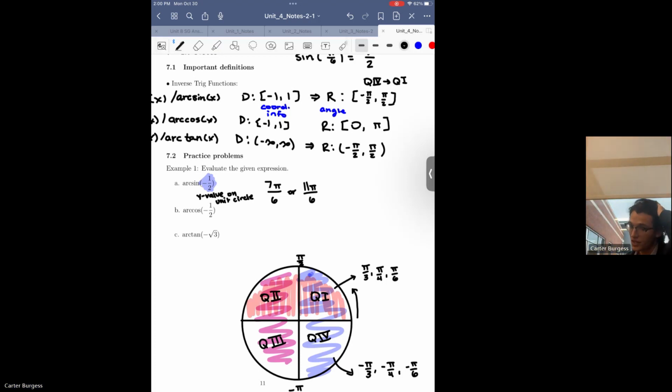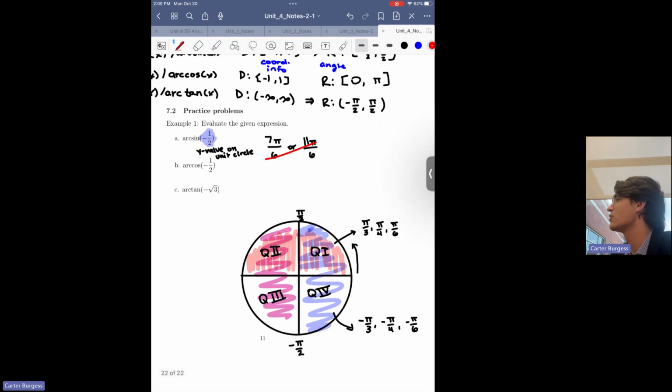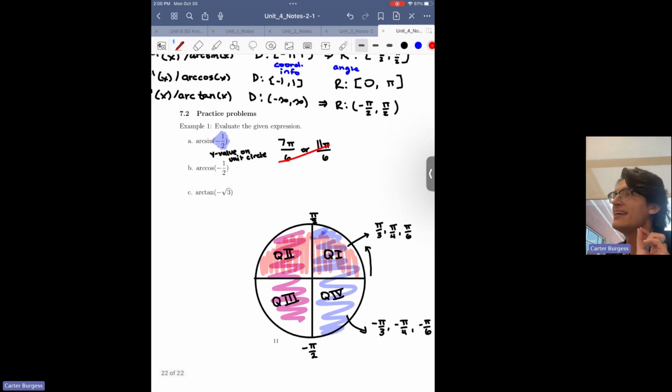So for arc sine of -1/2, we said pi over 6 is our reference angle. We know that sine is only going to spit out angles from quadrant 1 or quadrant 4. If we're looking at -1/2, which quadrant is this going to come from, 1 or 4?